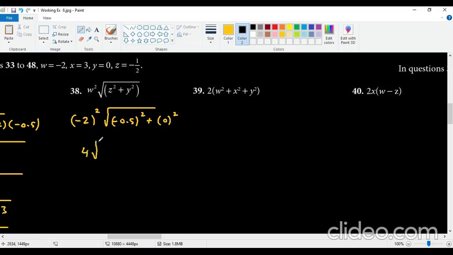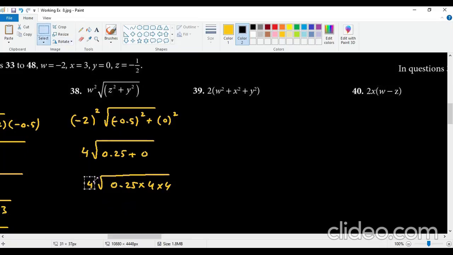Under the radical it's going to be 0.5 multiplied by 0.5, which is going to give you a plus 0.25 plus 0, and this is going to give you 0.25 times 4 times 4. So this is going to give you, this I should erase from here because this 4 has gone inside, and this is going to be 16.